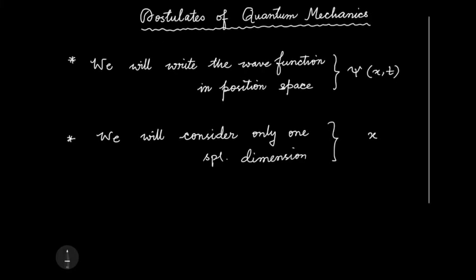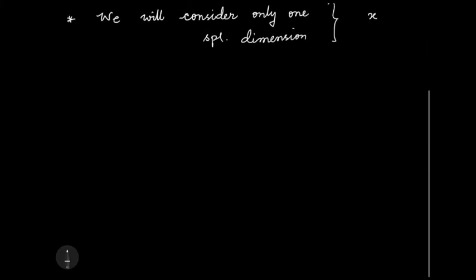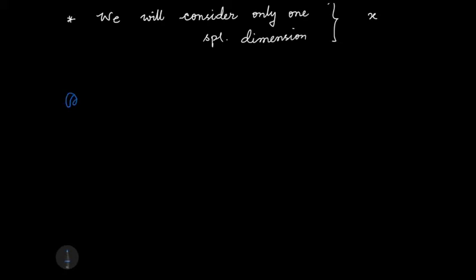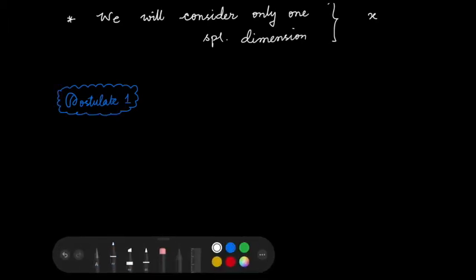Okay, so remember, one thing we never talked about is what does psi represent, and from there we'll start our postulates. So let's start with postulate 1. This was giving psi a meaning, giving the matter wave a meaning, and this was done by Max Born.